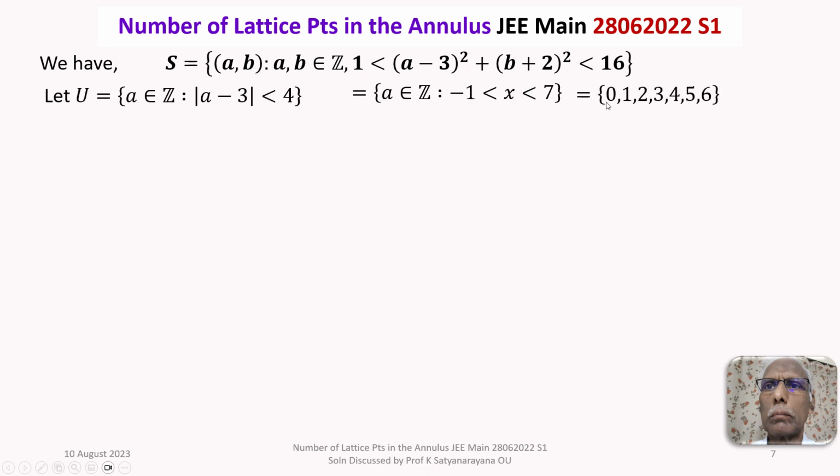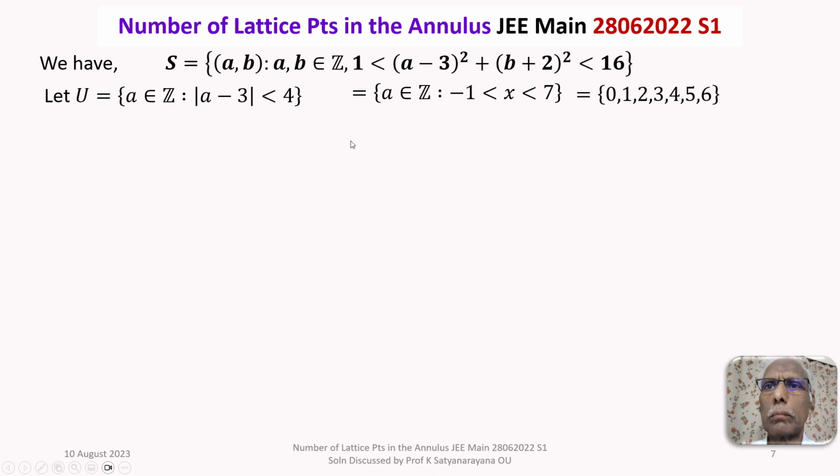They are 0, 1, 2, 3, 4, 5, 6. Now 3 is the center, that is the x coordinate of the center of the concentric circles. These are the points to the left of 3 and the points to the right of 3.